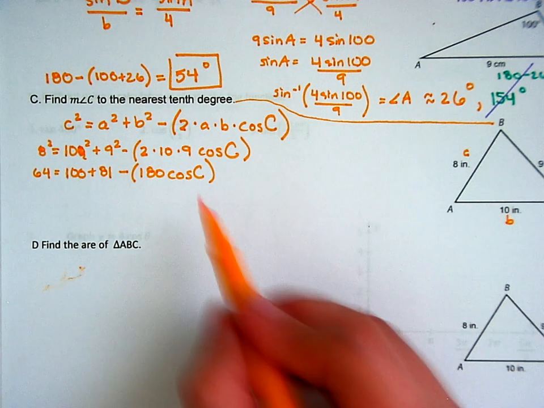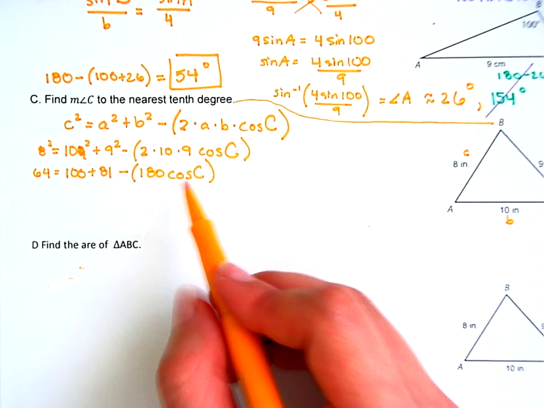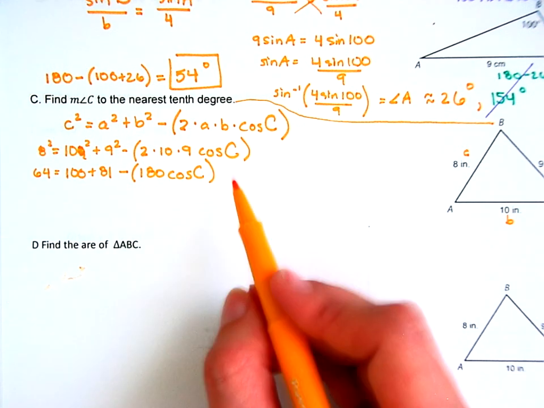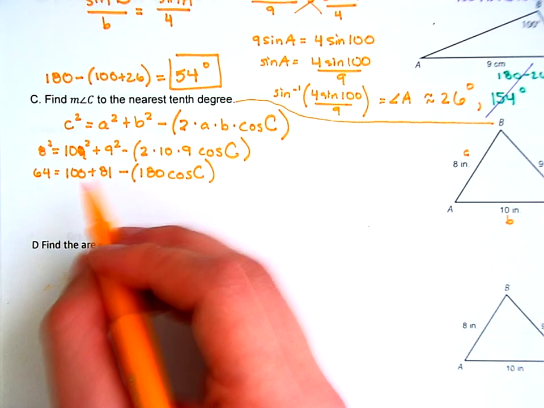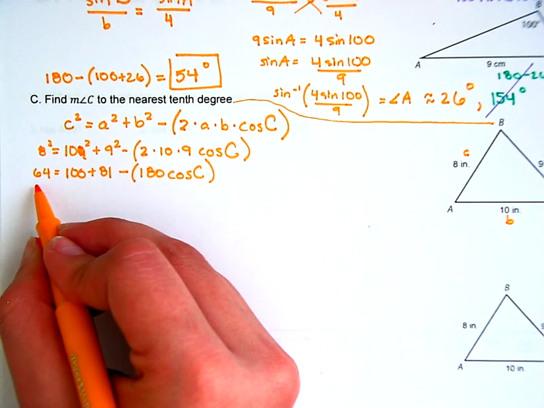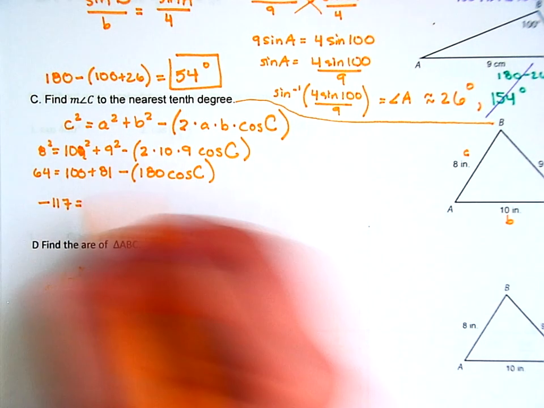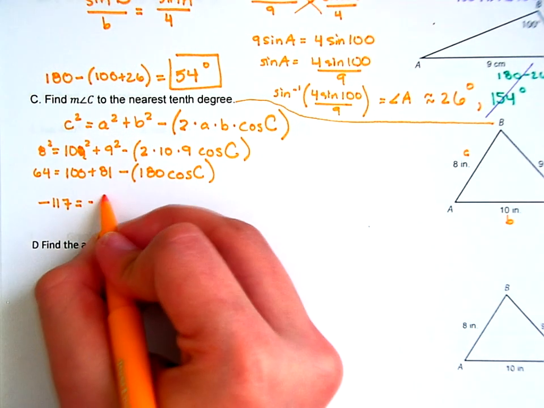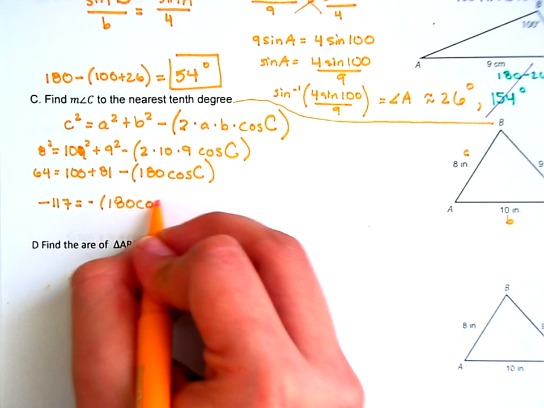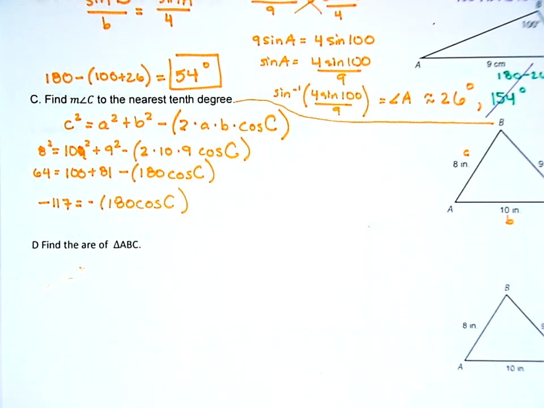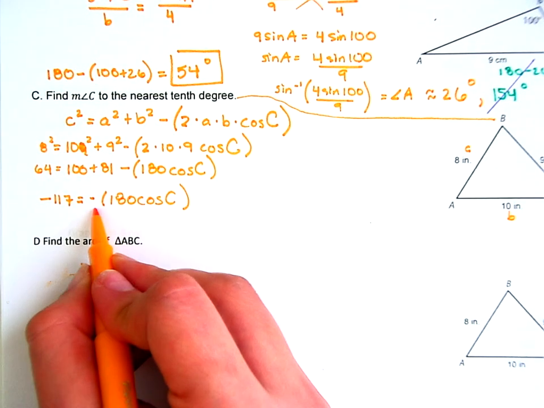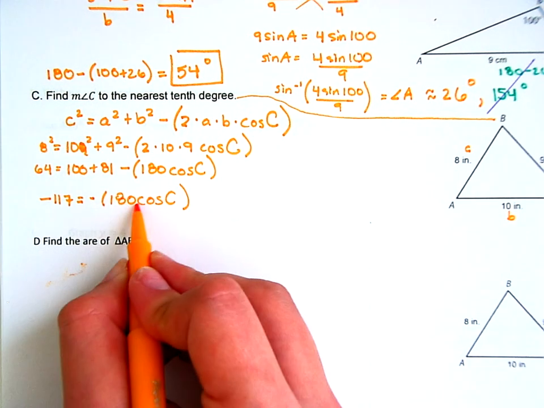And remember, the whole point of all these equations is to solve for the variable you want. I want C, so I need to isolate this C. So I'm going to add these numbers and subtract them from 64. So on the left side I have negative 117 equals negative 180 cosine C. I'm going to divide now each side by negative 180 because this is a multiplication problem right here.